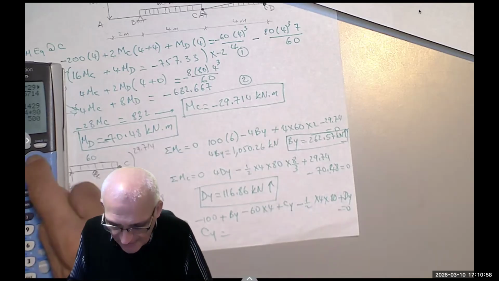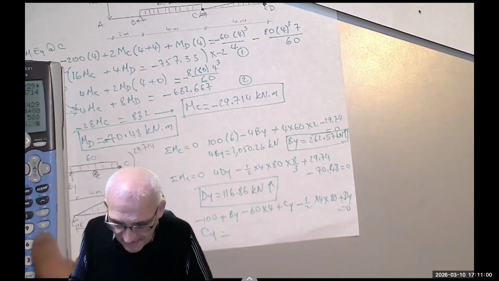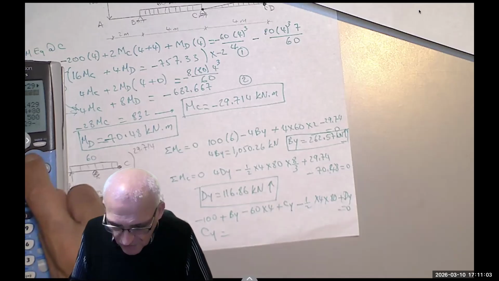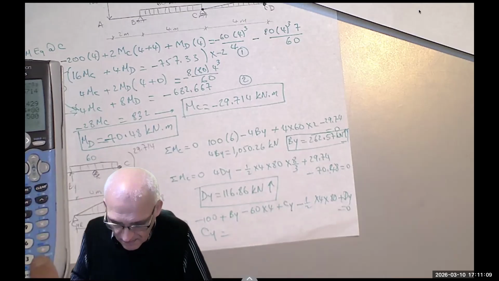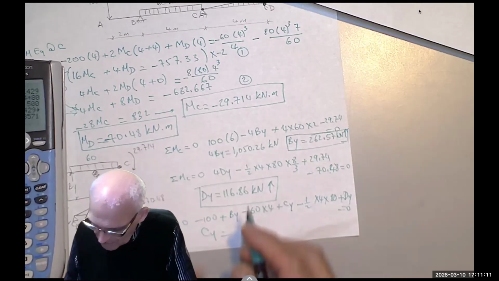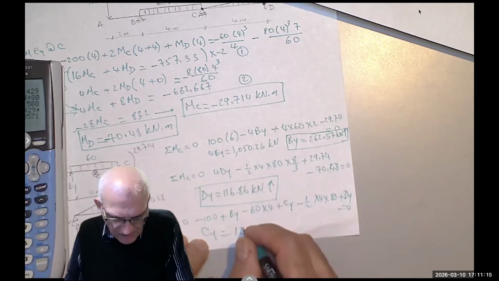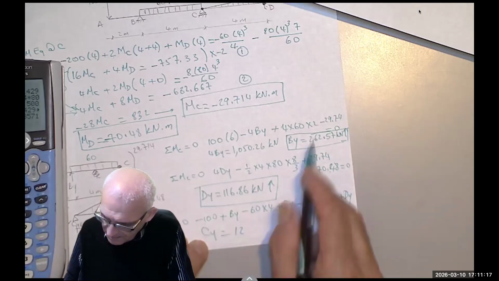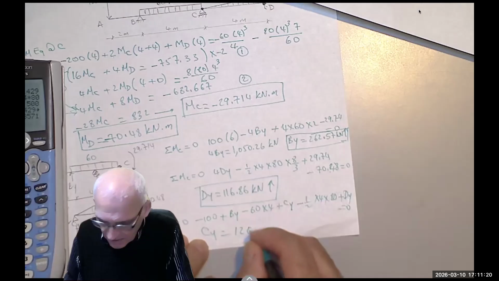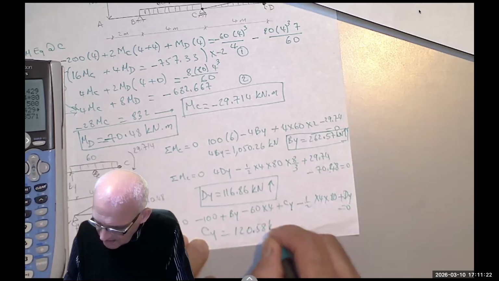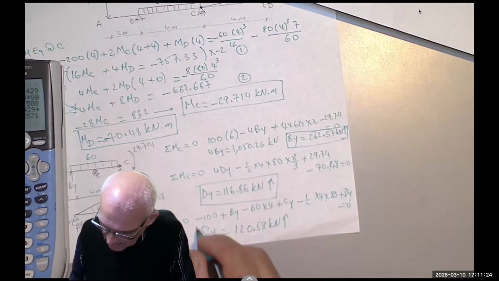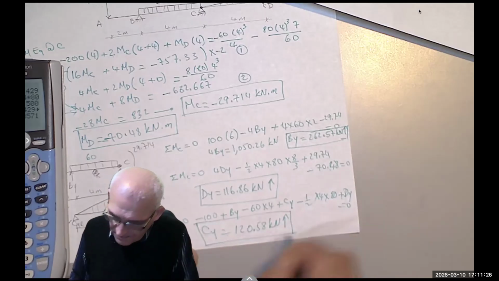So I'm going to subtract dy, and then I'm going to subtract the 262, which was the by. So cy is 120. Does that make sense? Yeah, if they add up, 120.58 kilonewton.